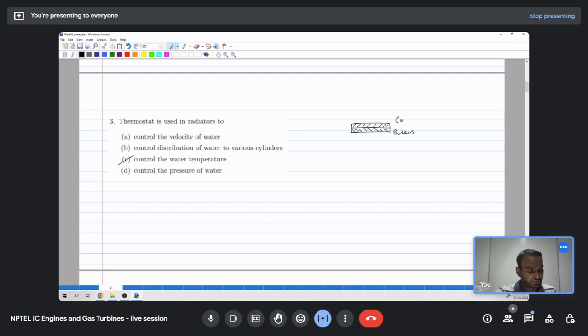At room temperature it will be straight, and when it gets heated up, the copper might expand more than the brass, and because of this it will keep bending, and this deflection will be used to open or close the valve. So when temperature goes high, it will open the valve and control the water flow. Thereby the flow of the water is controlled based on the temperature.